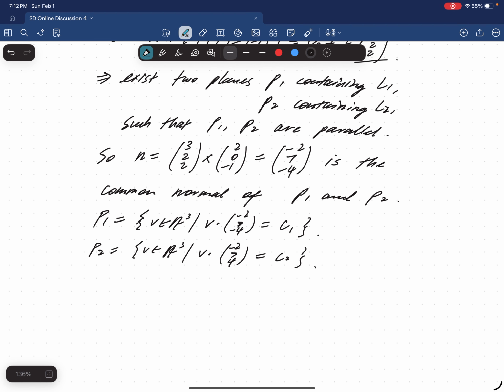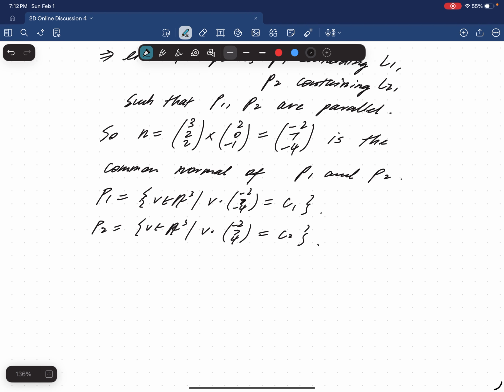I want to see if these are the same planes. If these are the same planes, then L1 and L2 intersect, and then their distance is 0. So I just need to see if C1 and C2 are the same. Notice that (0, 0, 0) is in L1, and P1 contains L1.